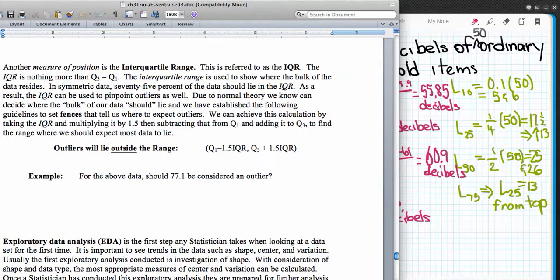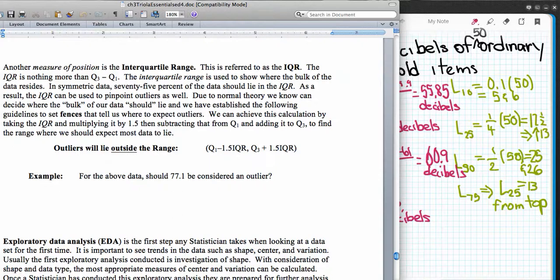But rather than going through that, I just want to call to your attention that first of all we're going to find out where our bulk of the data is. Beyond that, we're not going to be finding a whole lot of extra data, and if we go about 1.5 times beyond that range, we're going to have potential outliers. So finding the interquartile range can help us to pinpoint potential outliers.